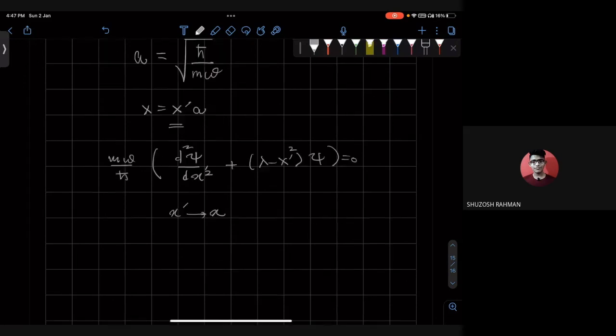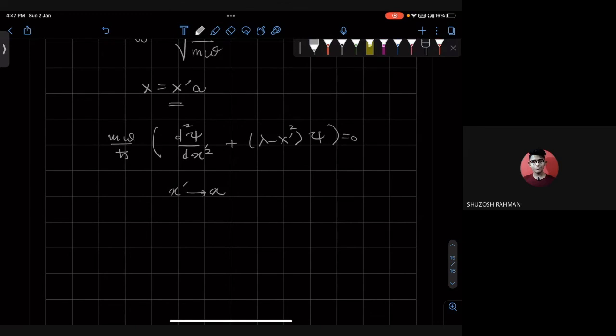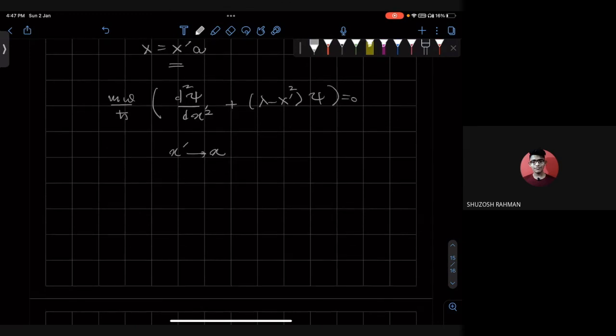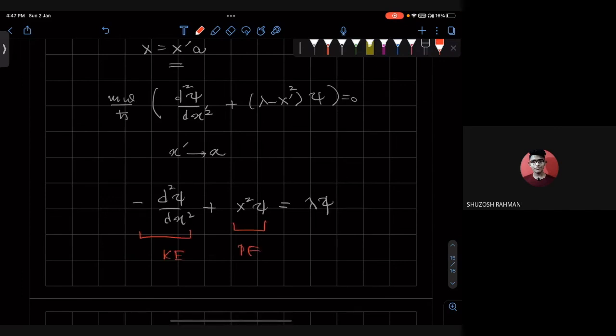At the end of the day, we get minus d squared psi dx squared plus x squared psi equals lambda psi. So this is the rescaled kinetic energy, this is the rescaled potential energy, and this is the rescaled energy, times psi.